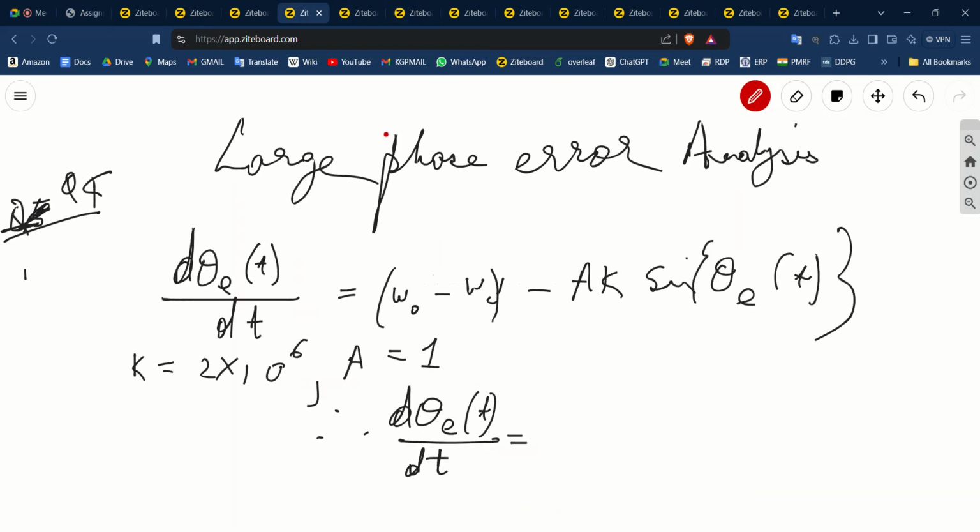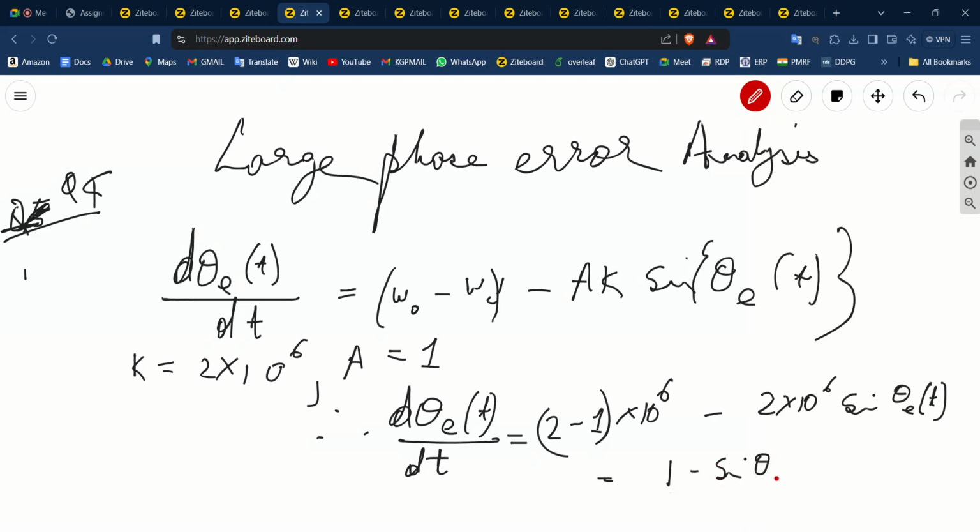So, 2 into 10 to the power 6 minus 1 into 10 to the power 6 minus 2 into 10 to the power 6 into sin theta e(t) is equal to 1 minus sin theta, a into 10 to the power 6.